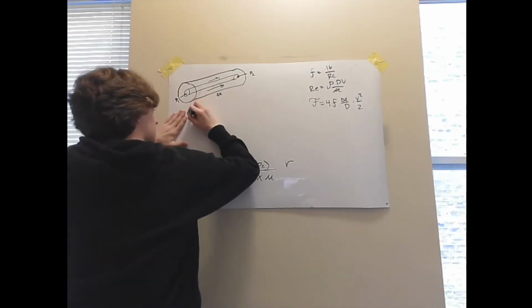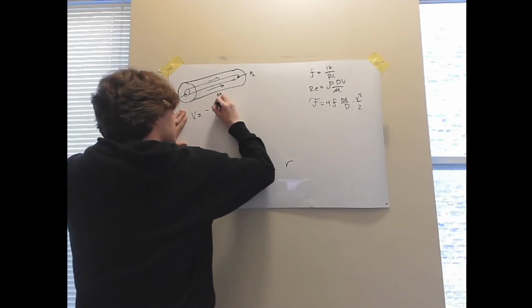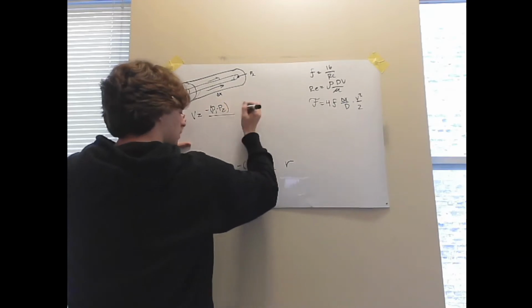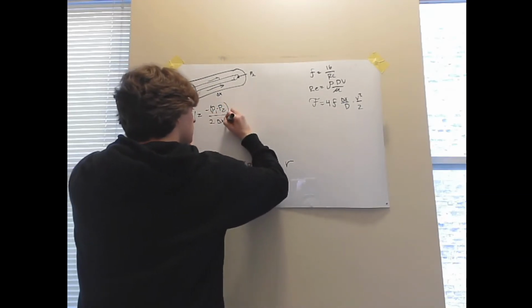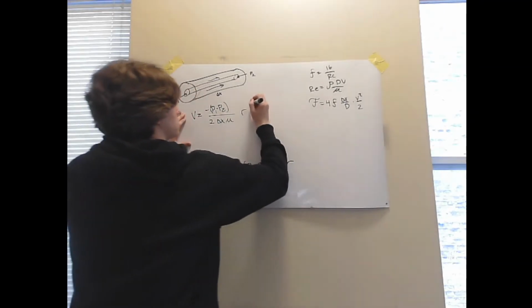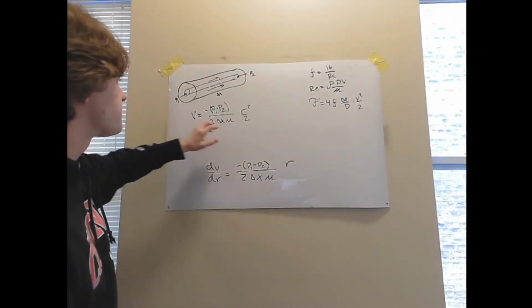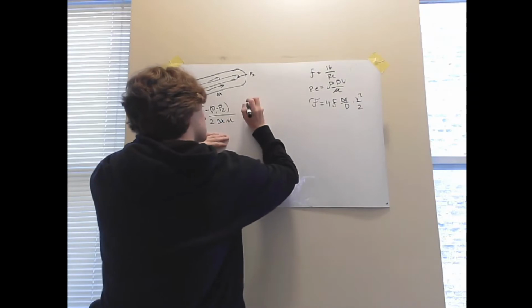So once we take the integration of this, we're going to have all of our constants still out front. And then the integration of r is just going to be r squared over 2.